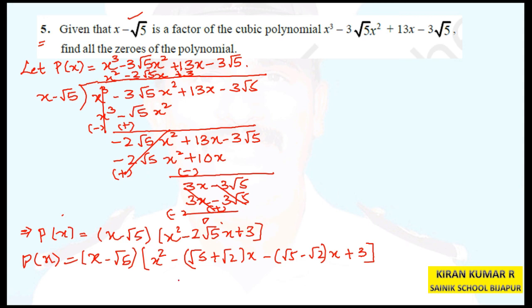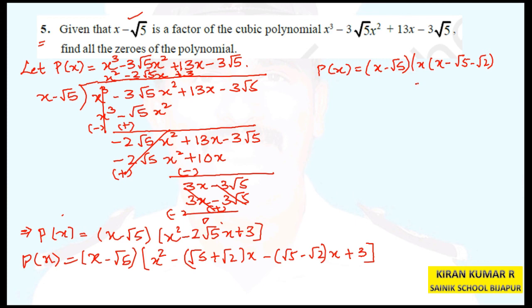Take the x common. Let me write it. P of x is x minus root 5 multiplied, if x is taken common, I'll be using x minus root 5 minus root 2.